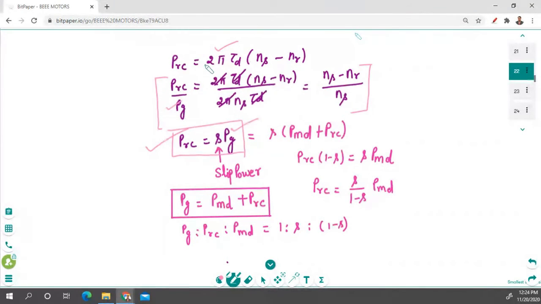We know that Pg is equal to the mechanical power developed plus copper losses. We rearrange this equation and find that Prc is equal to S upon 1 minus S into Pmd, where S is the slip. So we can use this equation also for calculating this Prc. Okay, quickly give your response.